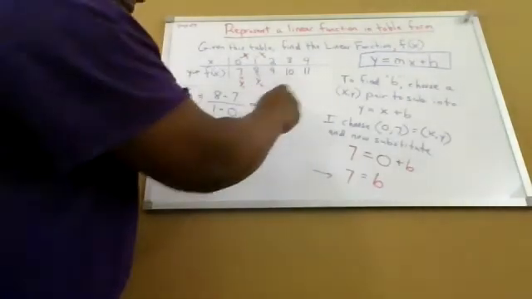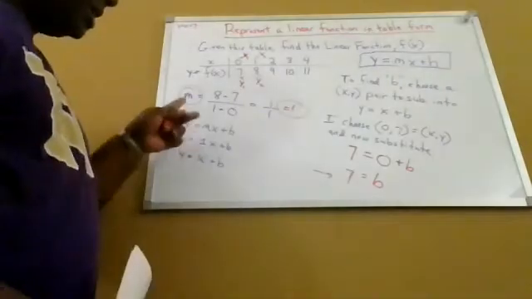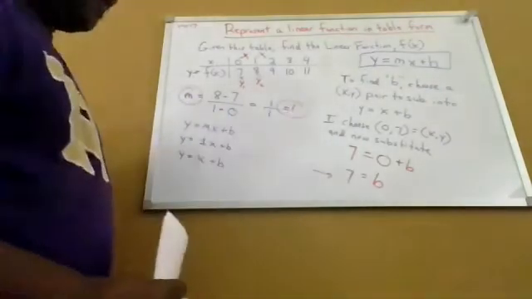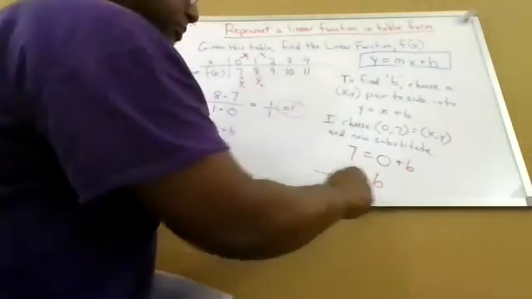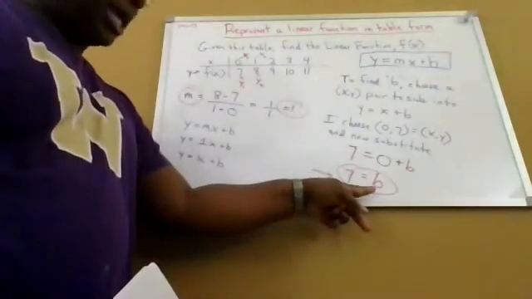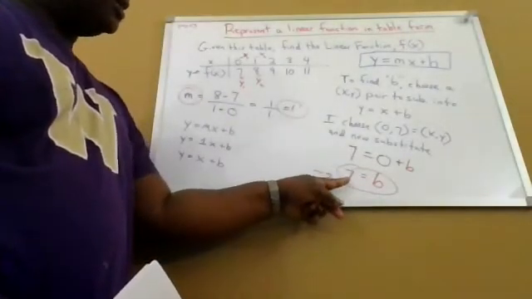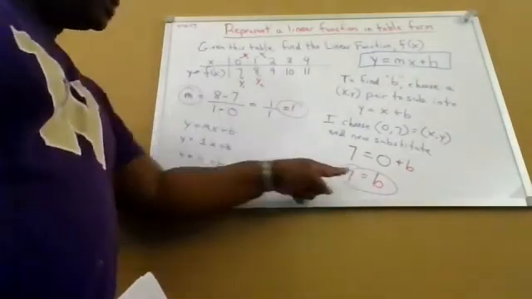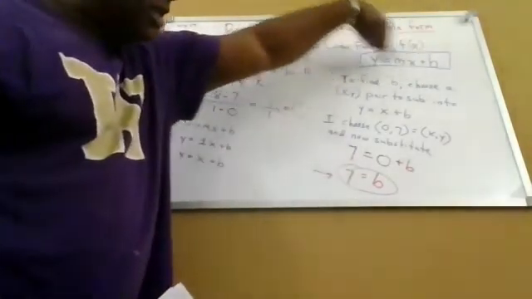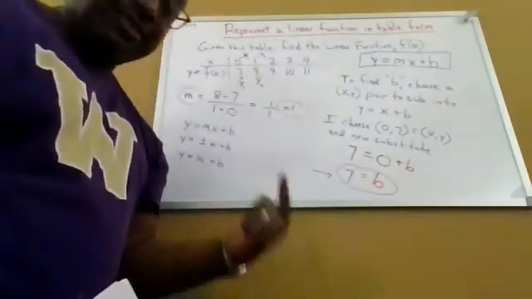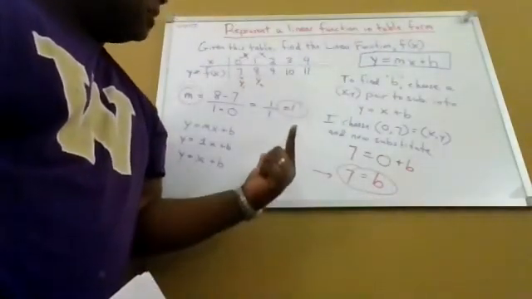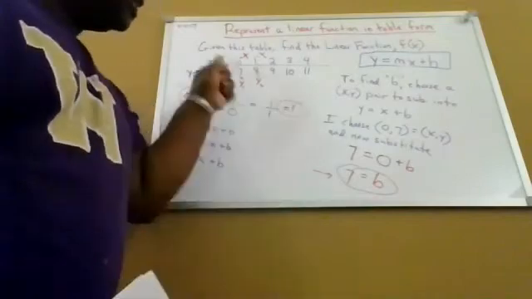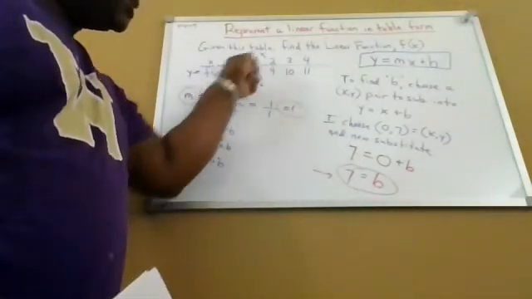Now that I know my slope, m equals 1, I know my y-intercept, b equals 7. Now I can substitute these two values back into my general equation, and I'll have the equation for the line that represents these data points.